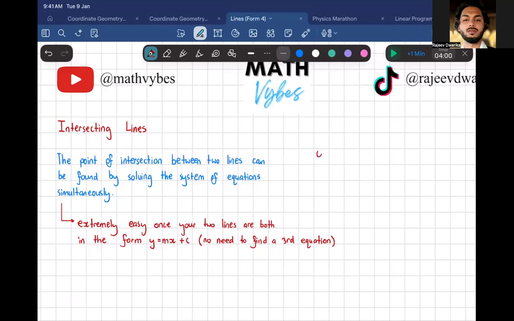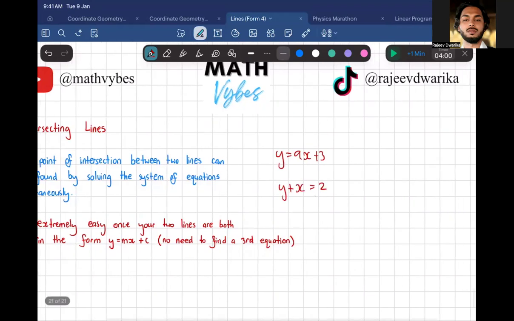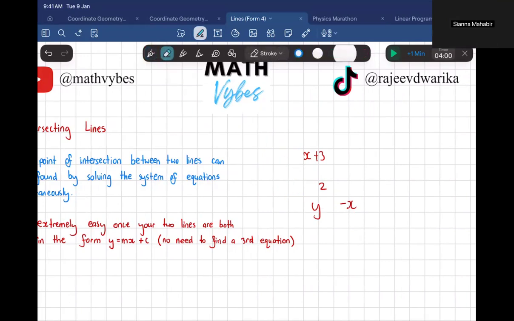Say you had y is equal to 9x plus 3, and then y plus x is equal to 2. You would move across x, so you get y is equal to 2 minus x. And anywhere you see y, you would just write 2 minus x. That's the general gist of it. You remember that? Yeah. Okay, cool.